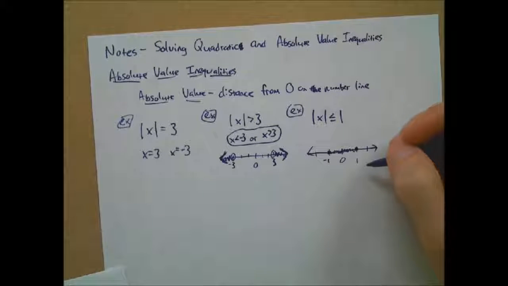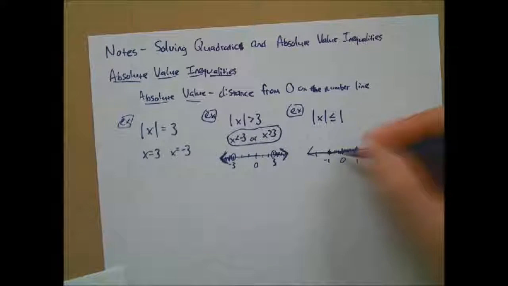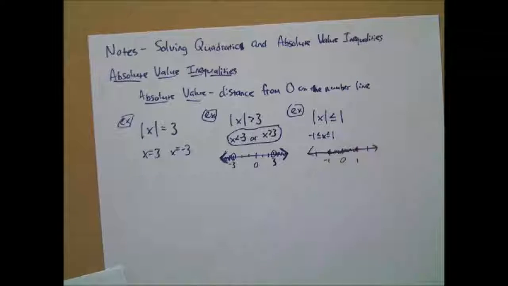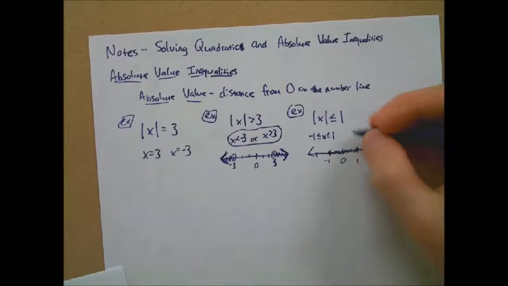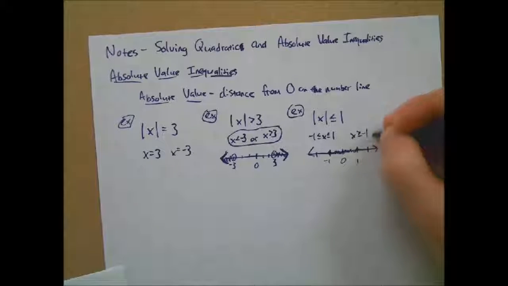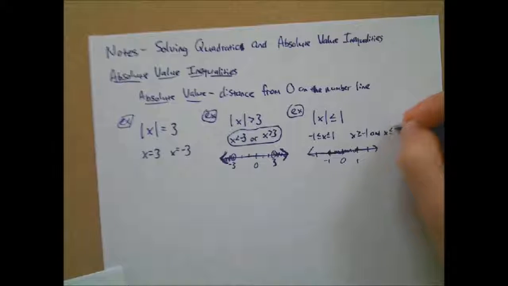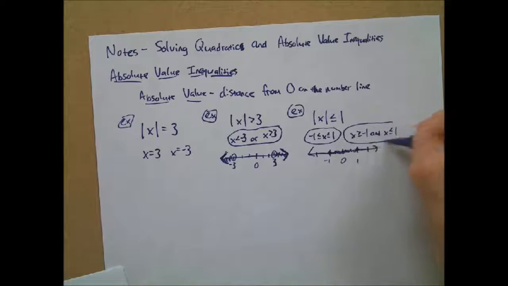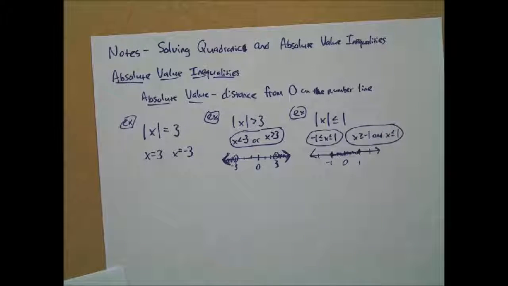And so with this kind of inequality, you can write it as one gigantic inequality like that if you'd like. Or you could also write it as two separate inequalities but joined by the word and, okay? So either one of those is fine.